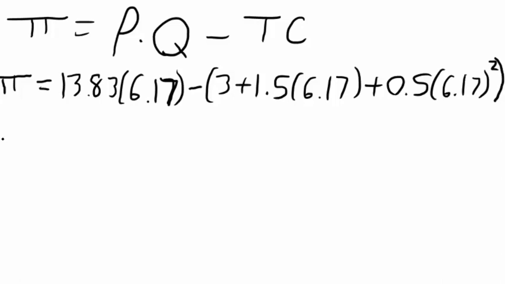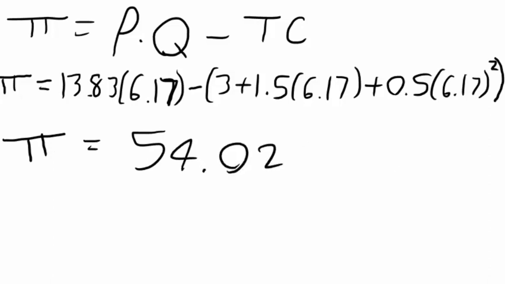And by plugging this all into a calculator, we get a final profit of 54.02. So we ultimately made $54.02, and this is the maximum profit we can achieve given our cost function and demand function.